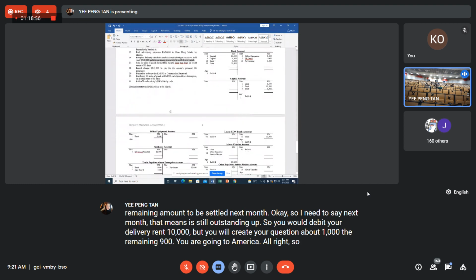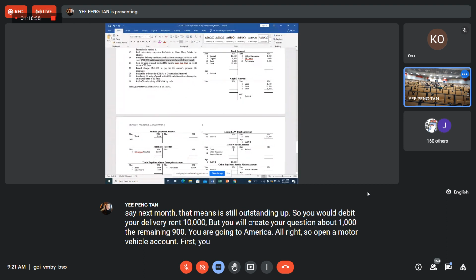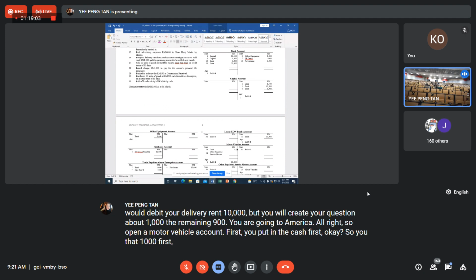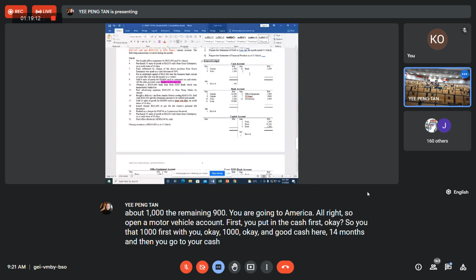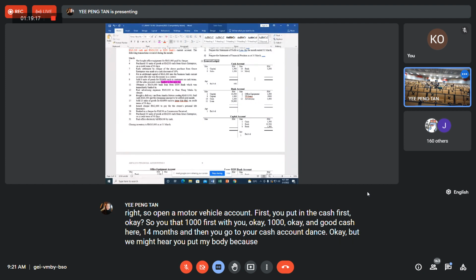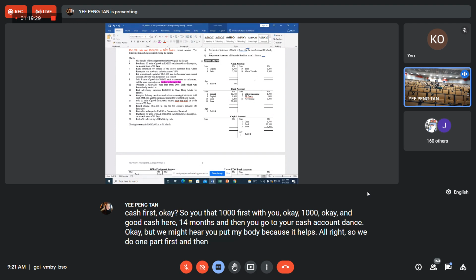So open a motor vehicle account first, and debit motor vehicle 1,000 which you pay through cash. Then in the cash account, 14 March, you put motor vehicle.